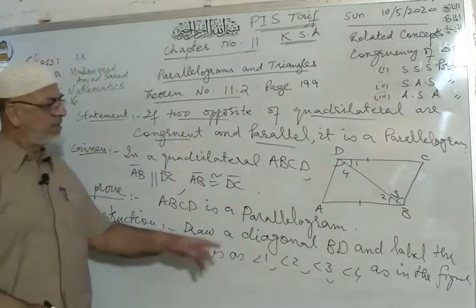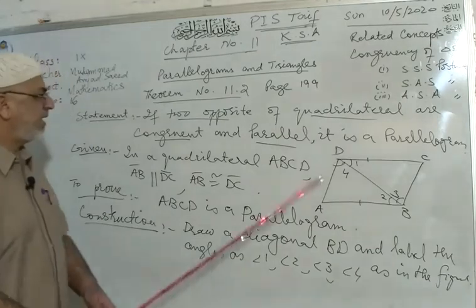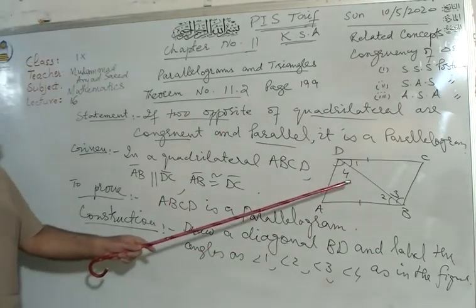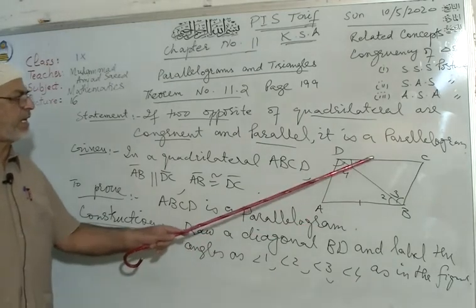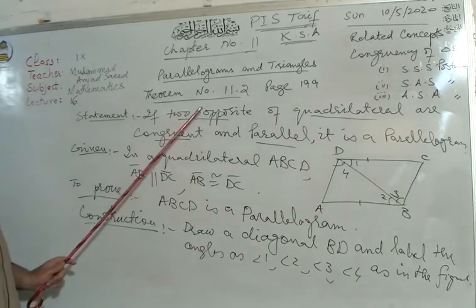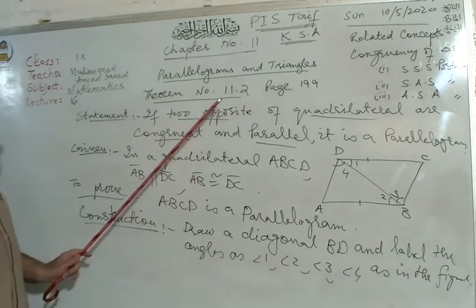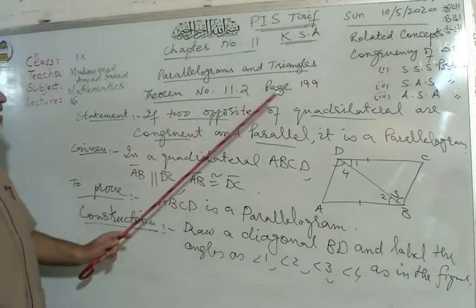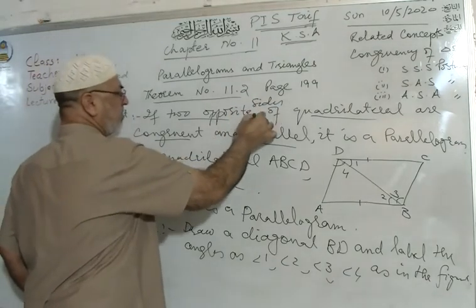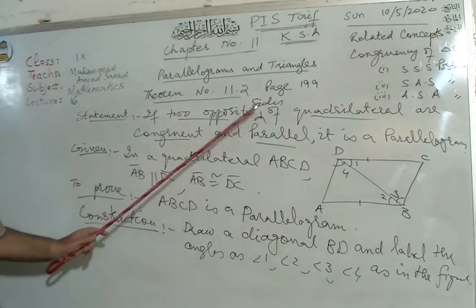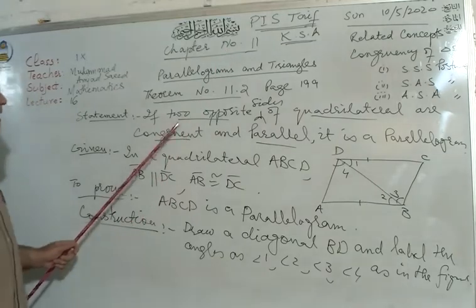So here we have a quadrilateral ABCD in which AB is congruent to DC and AB is parallel to DC. This was given. Two opposite sides of the quadrilateral are congruent and parallel.